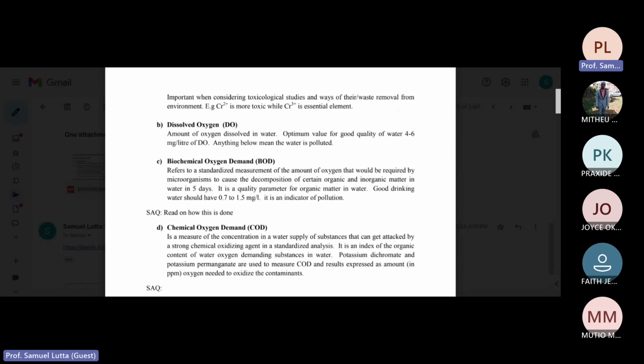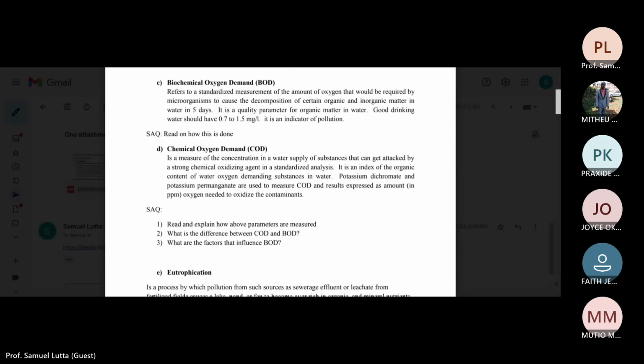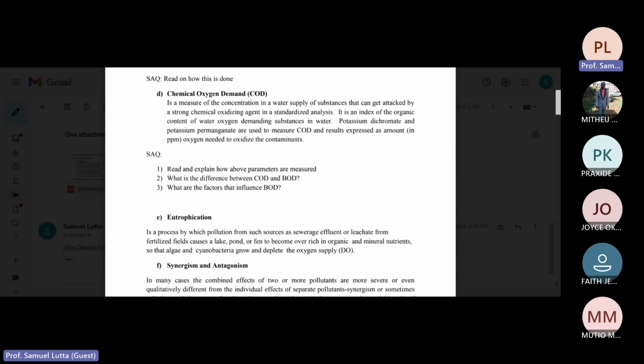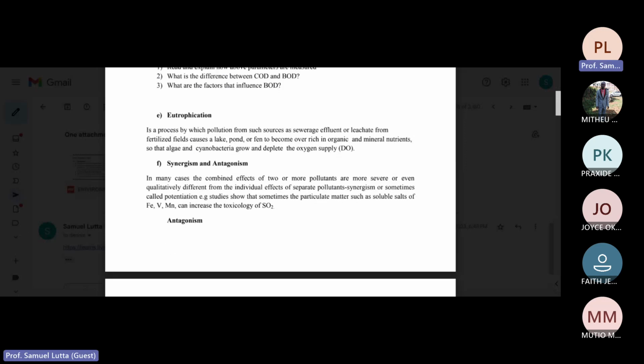So the biochemical oxygen demand is the amount of oxygen needed by microorganisms to cause decomposition. But the chemical oxygen demand is the amount of oxygen needed to oxidize these chemicals. So this one is also an indication of purity of water. The higher value means we have more substance to be oxidized, and that tells us that the water may not be pure.